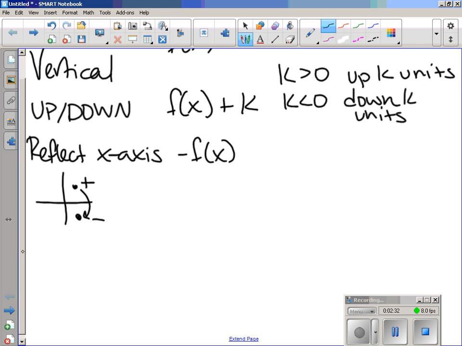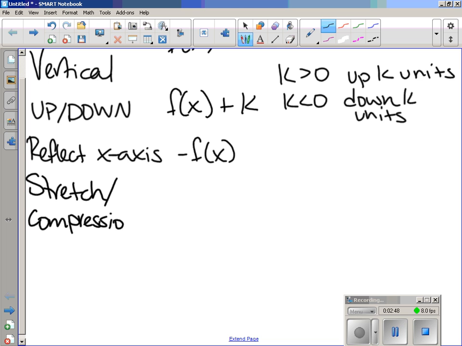Then, let me take this away. If I want to do a dilation, a stretch or compression, that's where you're multiplying the function, or the y values, by something. I don't know why, but they use the letter A for this, just like I don't know why they use the letter K when they talk about transforming up or down.